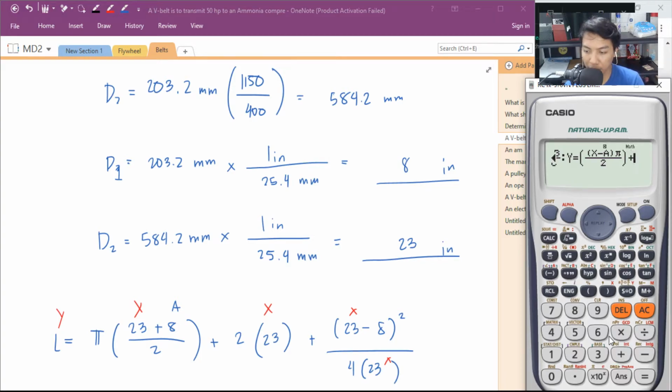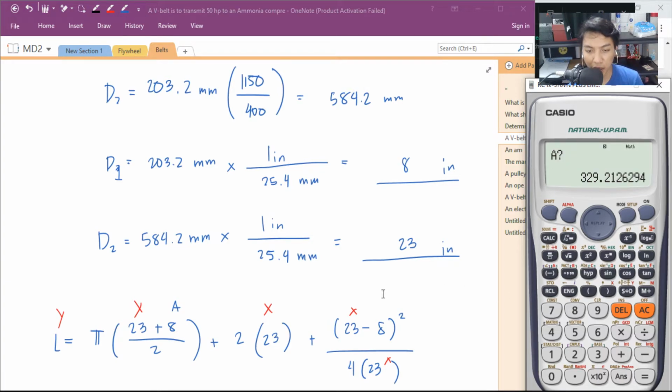Yan. Plus 2 alpha x plus alpha x minus alpha A squared over 4 alpha x. And then we press calc.